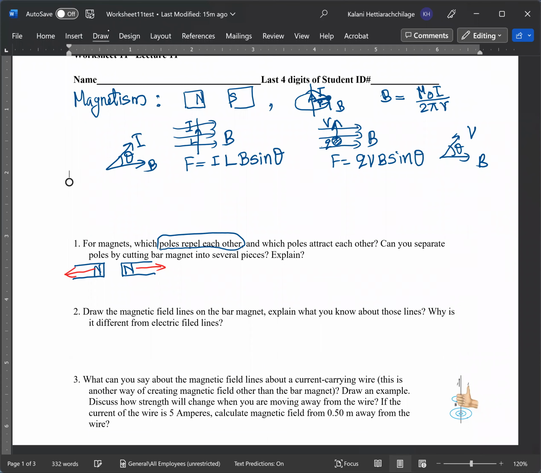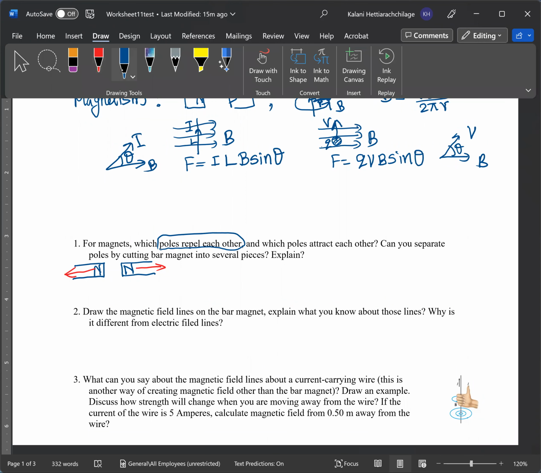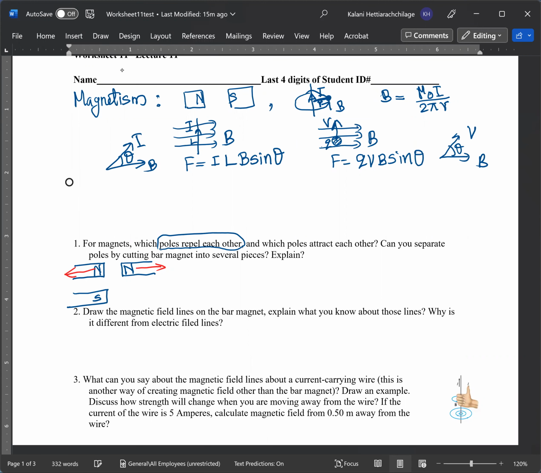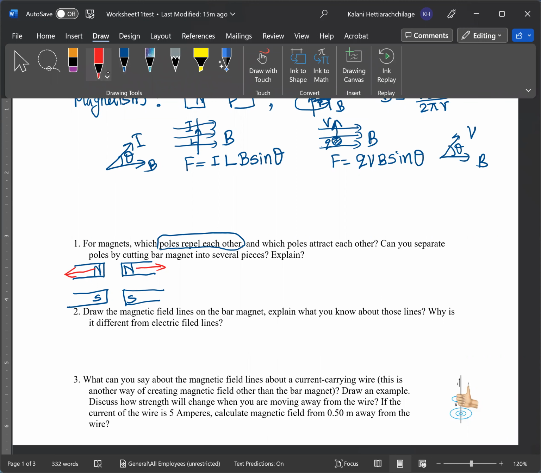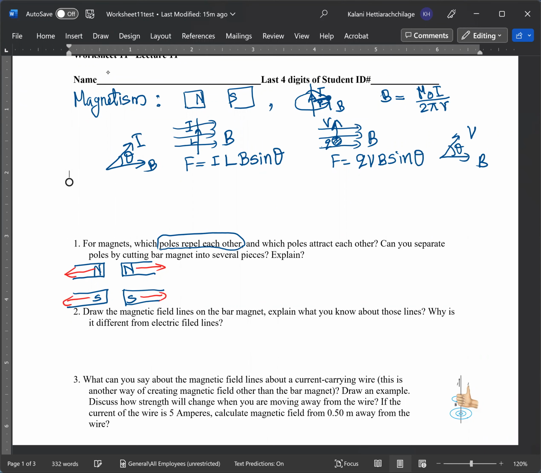Similarly, if you bring south and south, they also repel. South and south also repel each other, right? That's the first part.